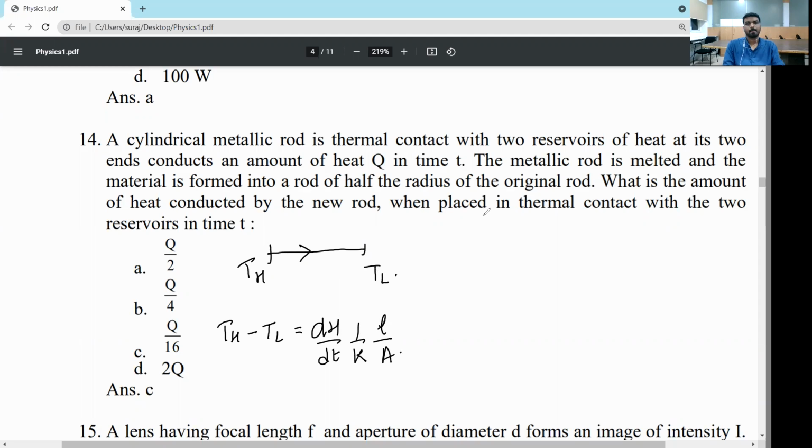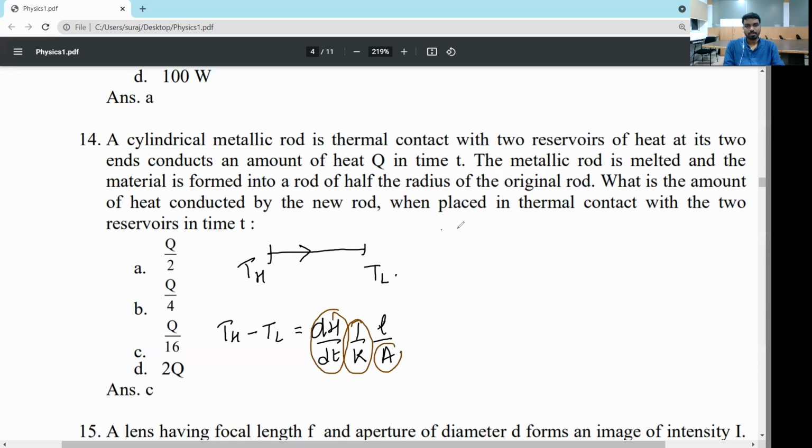This is the formula. Now what are they saying? dQ by dt is the same, conductivity is the same, melted and the material is formed into a rod of half the radius. A will change. What is the amount of heat conducted by the new rod when placed in thermal contact with the two reservoirs in time t? Yes.